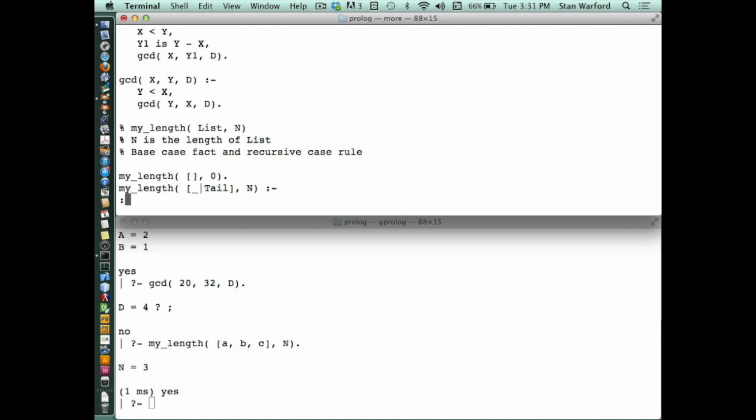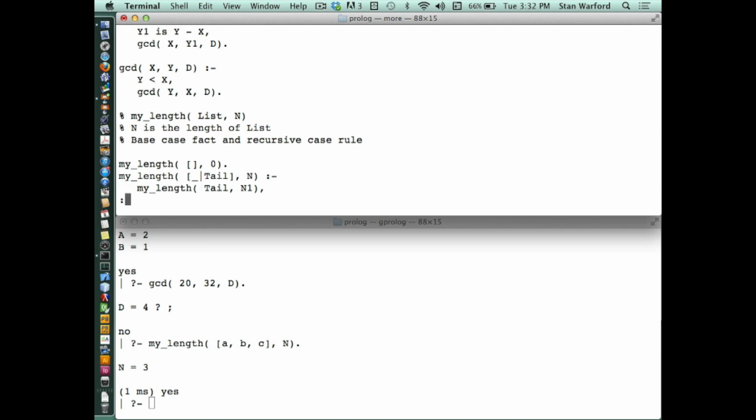Now, how are we going to do this? We're going to have to do a calculation here somehow, aren't we? We have a variable is n minus 1. Yes, we're going to have to have a variable, and we're going to have to compute n minus 1. So that's right.